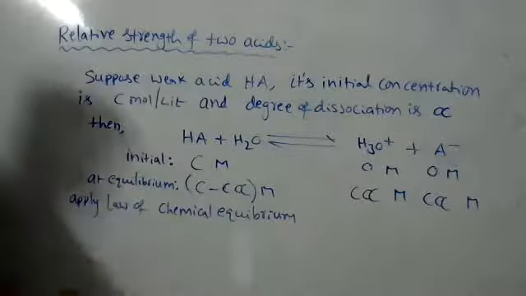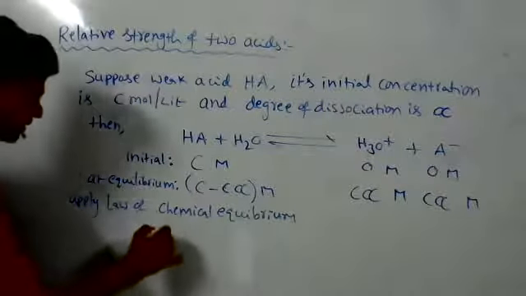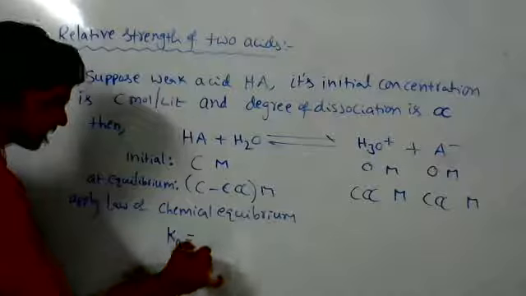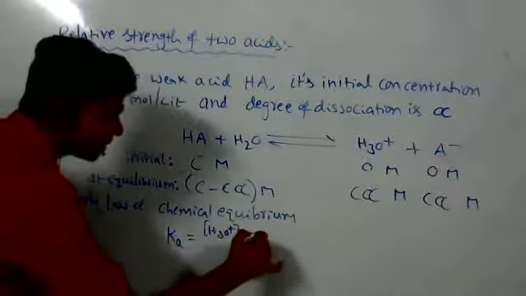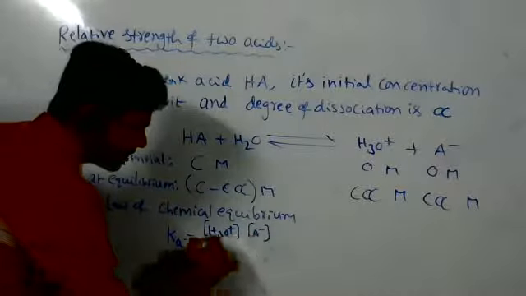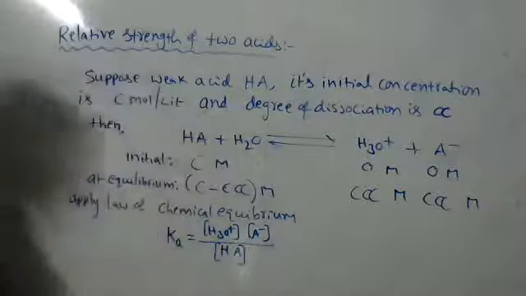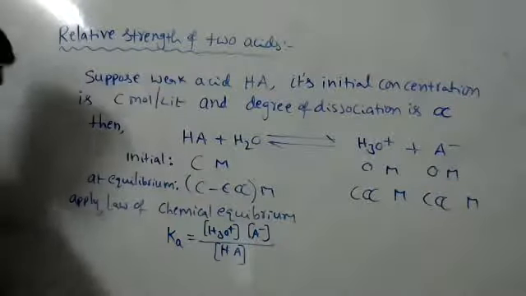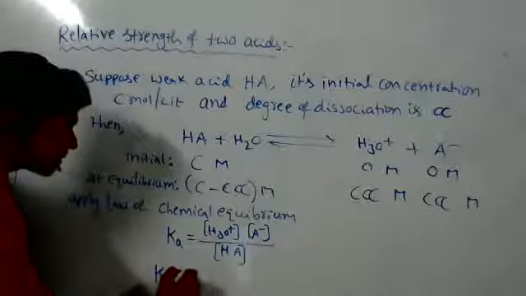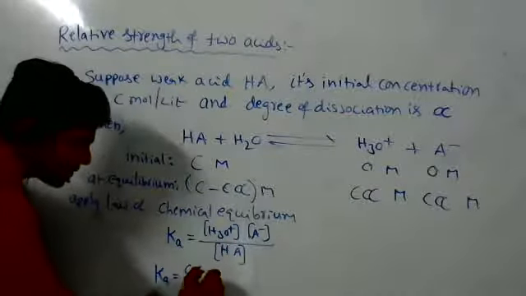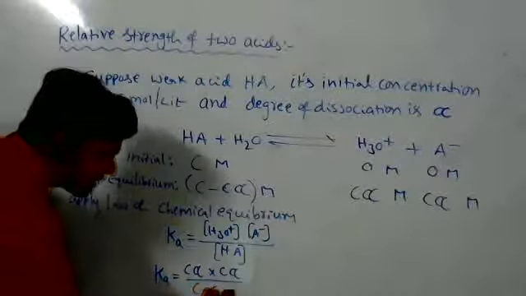So on applying chemical equilibrium, it gives the dissociation constant. The acid dissociation constant Ka is equal to H3O⁺ concentration times A⁻ concentration divided by HA concentration. Ka is equal to C alpha times C alpha divided by C minus C alpha.